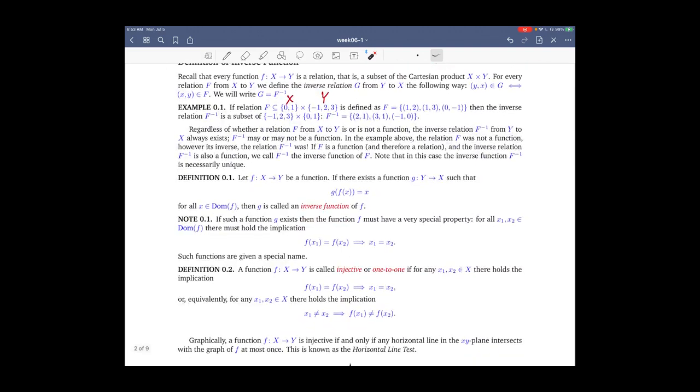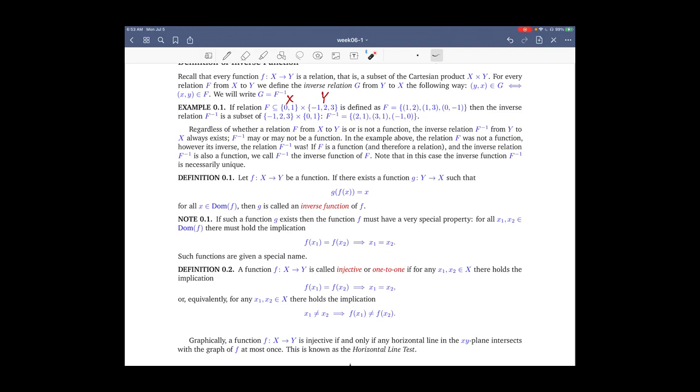Here is a somewhat different definition specifically for an inverse function. We will see how this definition relates to what we talked about before. Suppose now little f is a function from set x to set y. As we agreed in the first week, unless otherwise stated, sets x and y are always considered subsets of the set of real numbers.